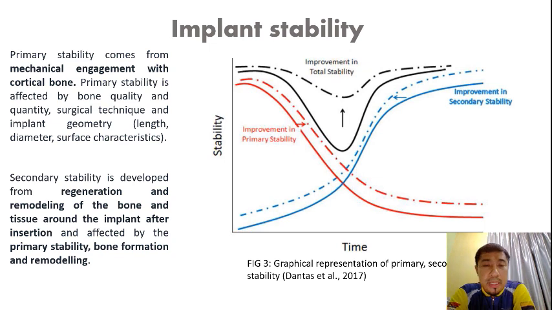Let's talk about implant stability. We have two kinds of implant stability. We have primary stability and we have secondary stability. What is primary stability?